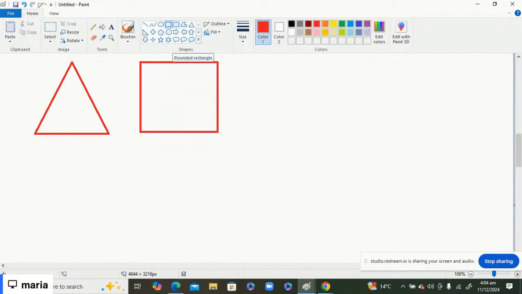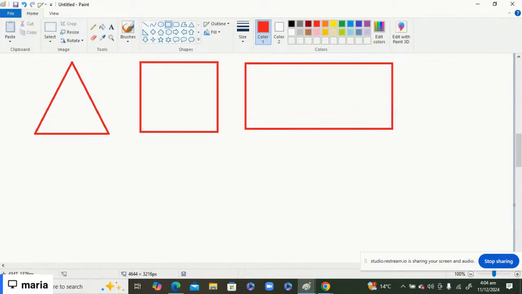Then if you draw something else, different shapes are involved. I'm going to draw it here now. This one is a rectangle. This is the shape of the square, triangle, rectangle. Then this shape is also one of the polygons.